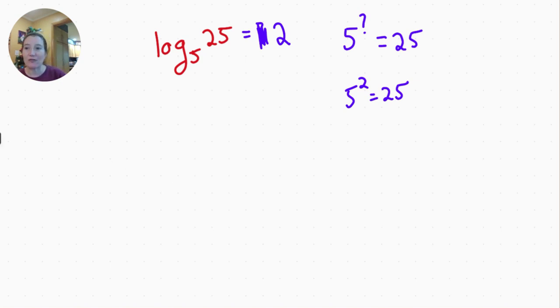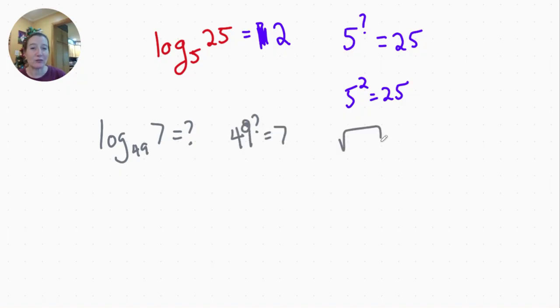You might get some fun ones, like what's the base 49 log of 7? So that's like asking 49 to what power equals 7. And you have to remember the square root is like saying to the 1/2. 49 to the 1/2 equals 7.